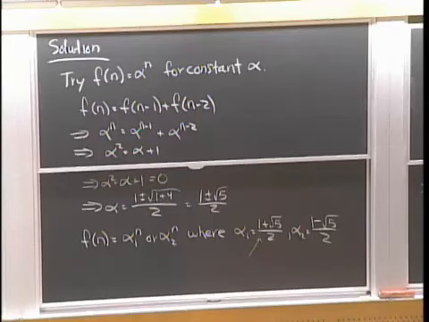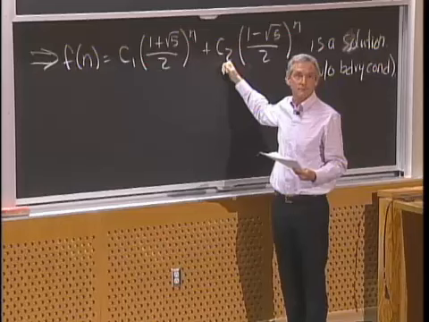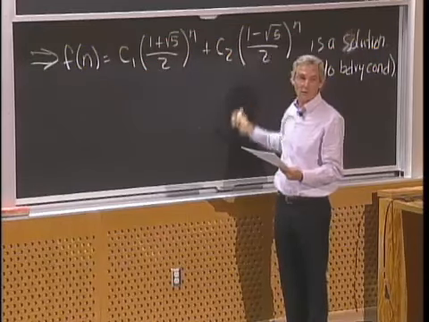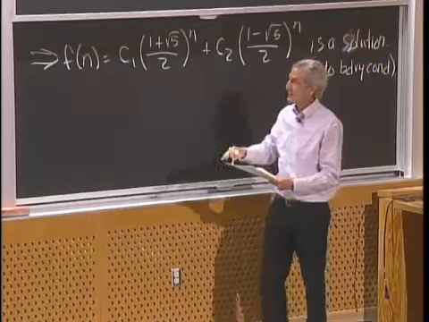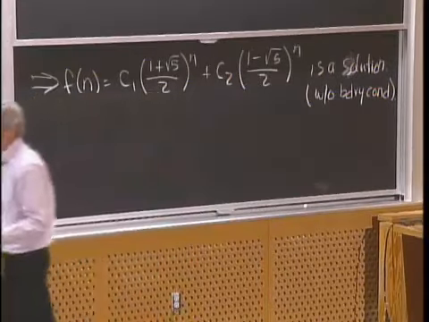And it'll turn out I get different constants here. All right, but otherwise the form is going to look like this. So let's see how to make that work. Let's see how to determine the constant factors.